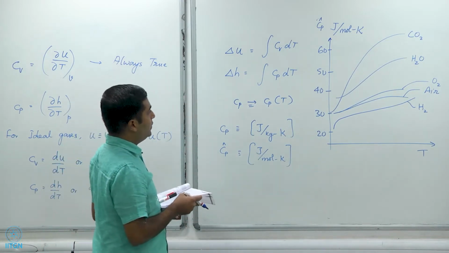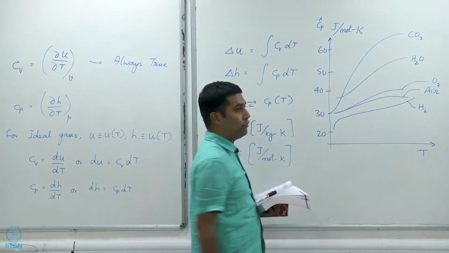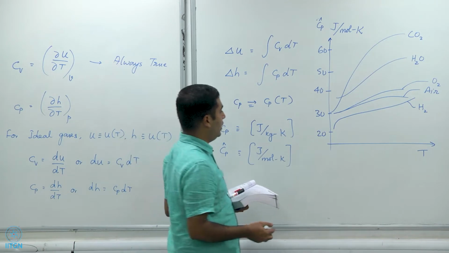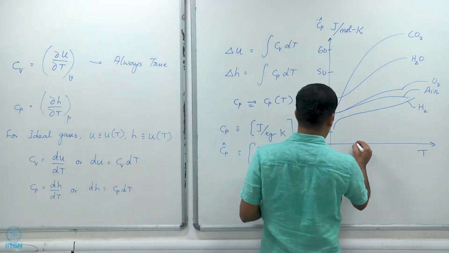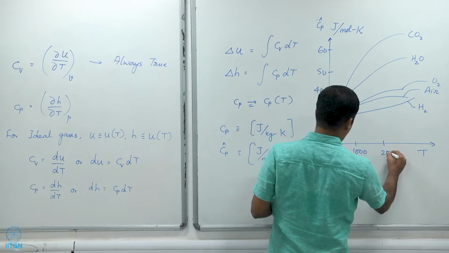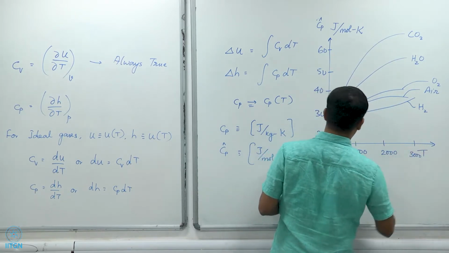So as you can see, the Cp values of different gases behave very differently with temperature. And what is this temperature? So this is 1000 Kelvin, 2000 Kelvin, right, and 3000 Kelvin, right?